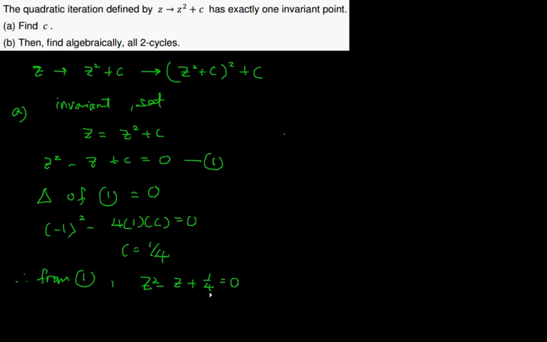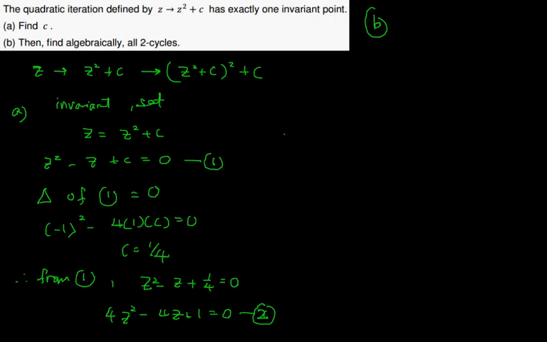Now we don't like the constant to be in the form of a fraction, so multiply across by 4, and you get this here. Okay, I call this equation 2. It will be useful later, I'm pretty sure.